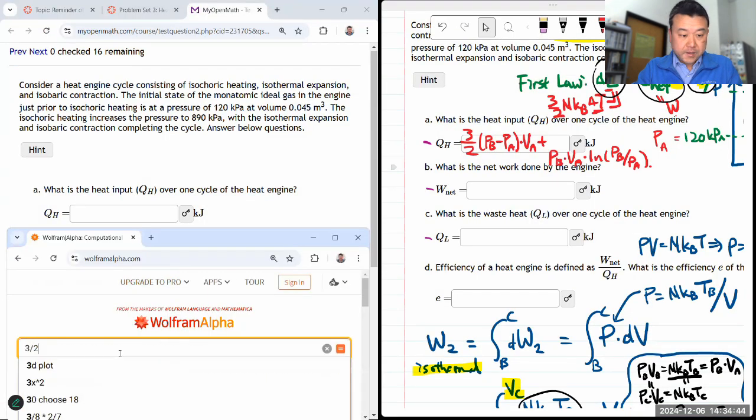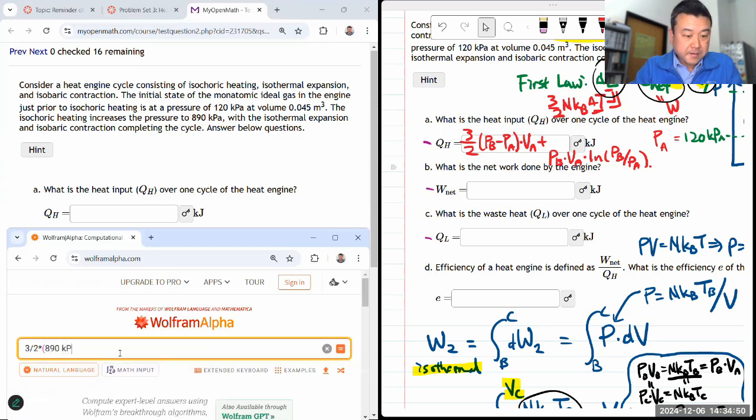So I have 3 halves, PB, which is 890 kilopascal minus 120 kilopascal, times VA, 0.045 meter cube, plus PB, which is 890 kilopascal, times VA, 0.045 meter cube, times natural log of, I can just skip the units, PB 890 divided by PA 120.